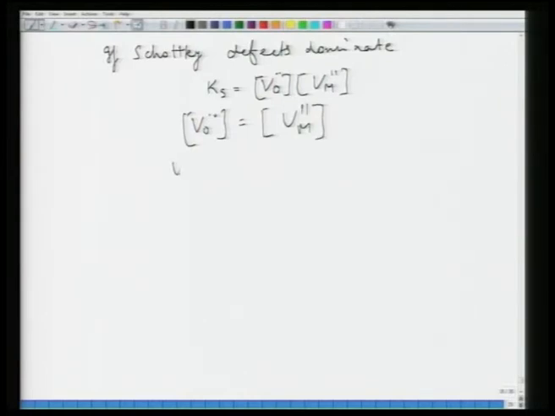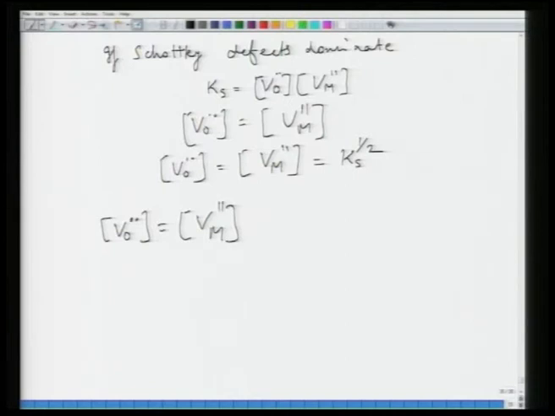Which means VO is equal to VM is equal to Ks to the power half. So, in such a solid, VO is equal to VM is equal to K naught to the power half into exponential of minus delta Hs divided by 2kT. Now, you can see many things from this.